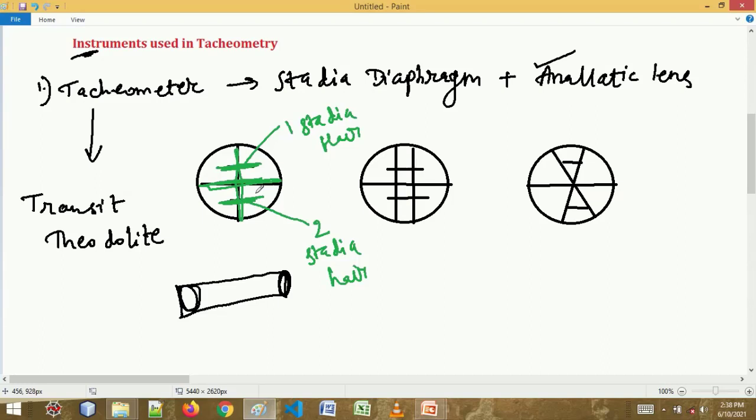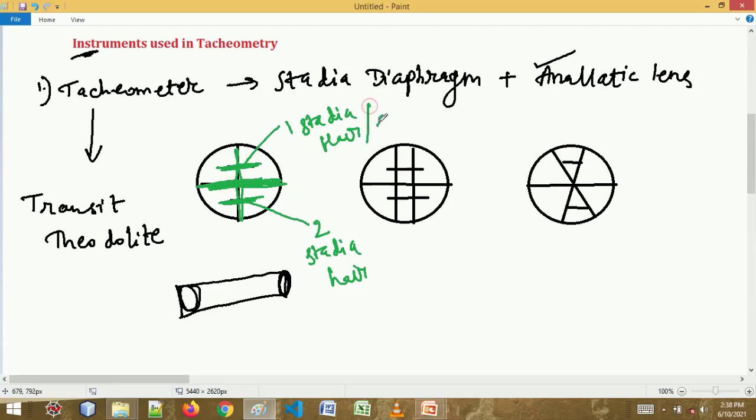The additional hairs are equidistant from the central one and are also known as stadia lines. This is the central hair, and stadia hairs number 1 and number 2 are equidistant from it.